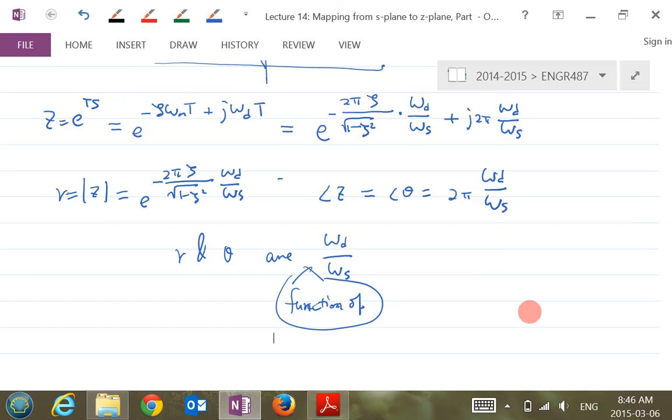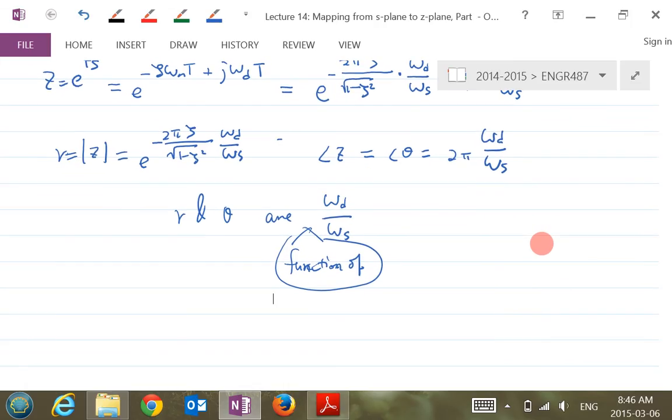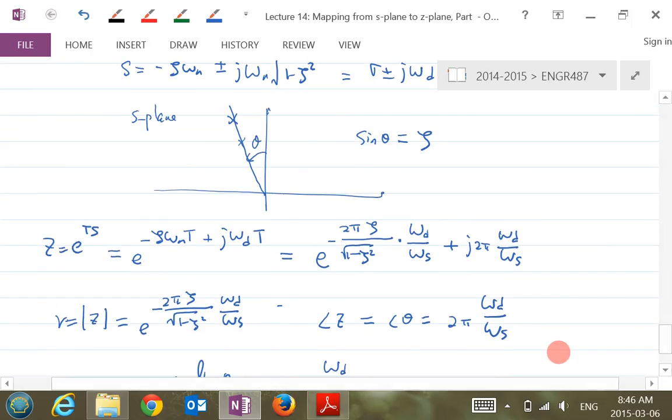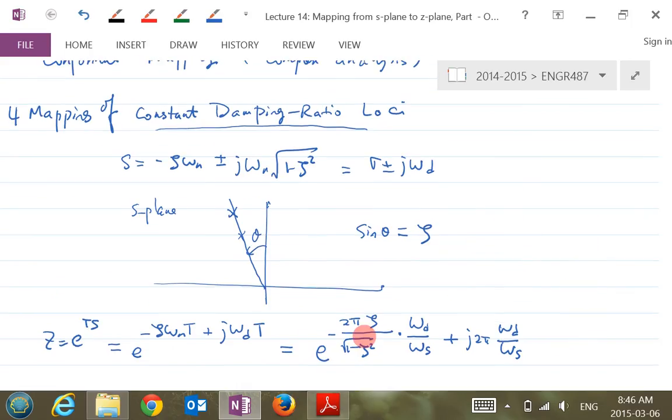Is that good? Yeah. As a matter of fact, if I look a little bit closely here, omega s we can't change, right? That's maybe just the nature you started with, the sampling time. But what is omega d here? Omega d is this term here.